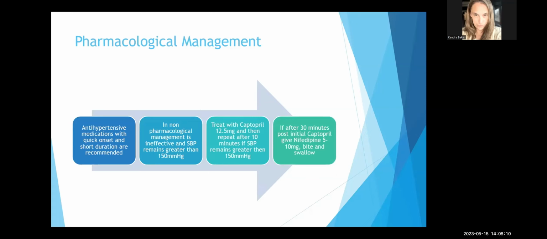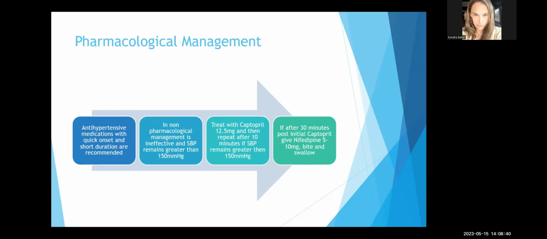Perfect. So your pharmacological management, if you're unable to bring their blood pressure down with non-pharmacological means, is we're going to want to use an antihypertensive medication that has a quick onset and a short duration. So our plan is to initially treat with just 12.5 milligrams of captopril, then repeat that after 10 minutes if their blood pressure remains greater than 150 systolic.